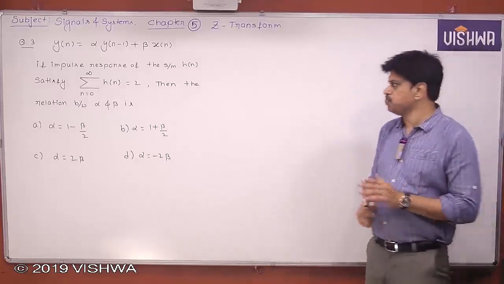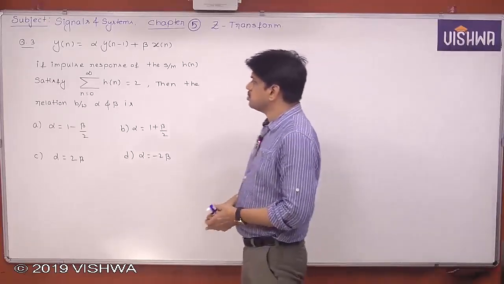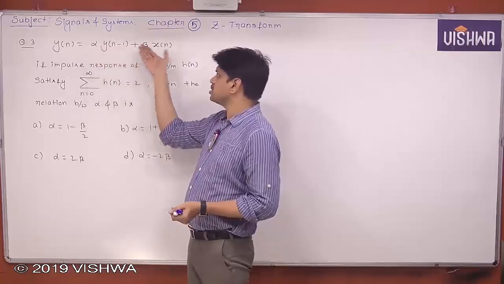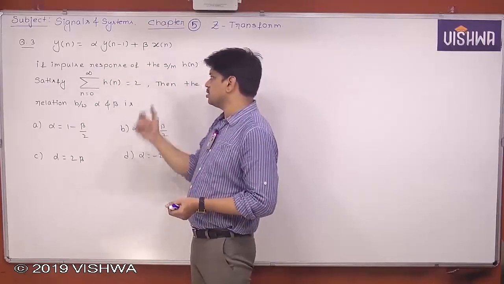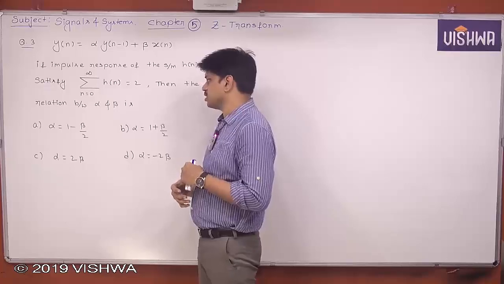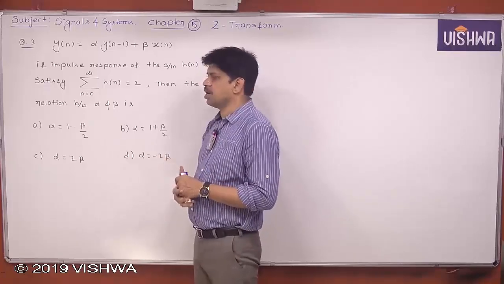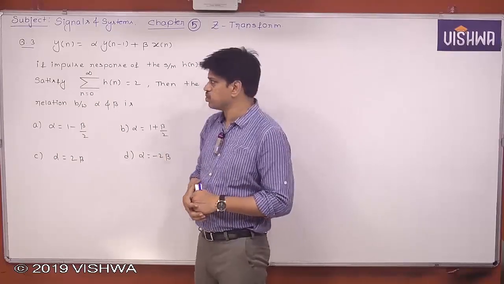Try to understand. They have given a difference relation between y of n and x of n, and they said the impulse response is satisfying this condition. Then what is the relation between alpha and beta? That is what we have to see.